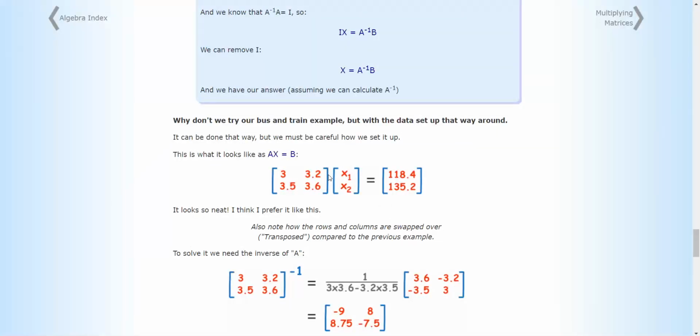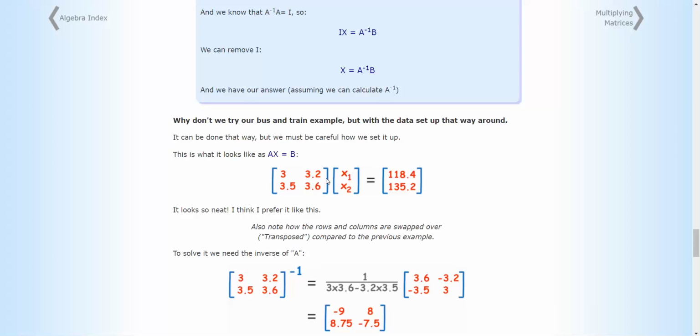Why don't we try our Boston train example but with the data set up that way around? It can be done that way, but we must be careful how we set it up. So this is what it looks like. Ix equals B. It looks so neat. I think I prefer it like this. How the rows and columns are swapped over, transposed, compared to the previous example.